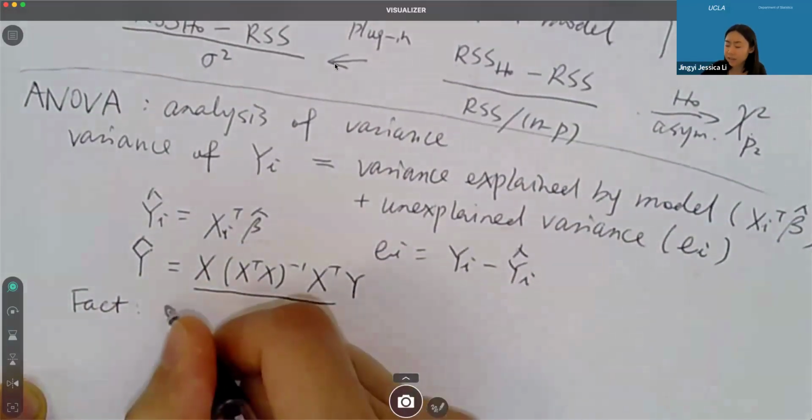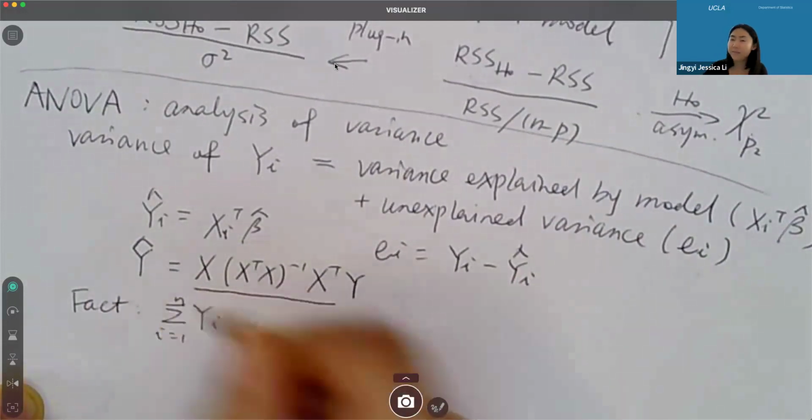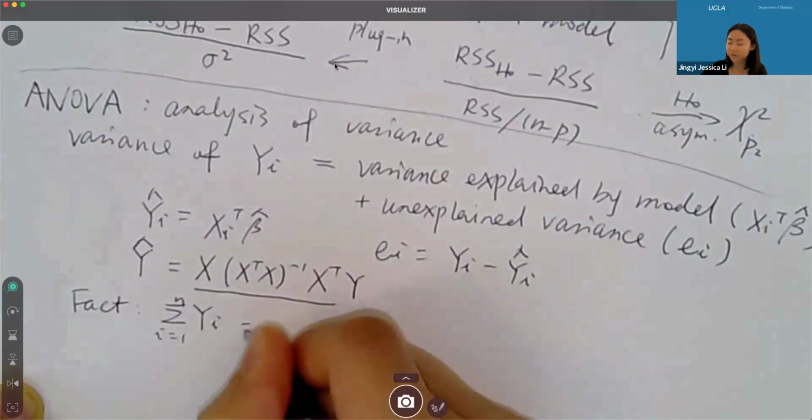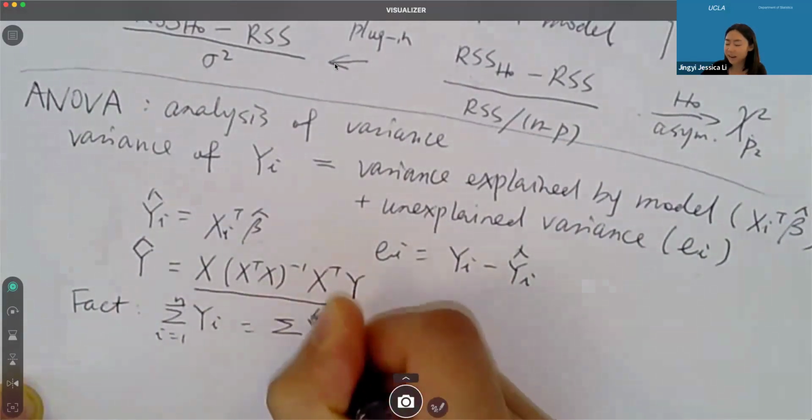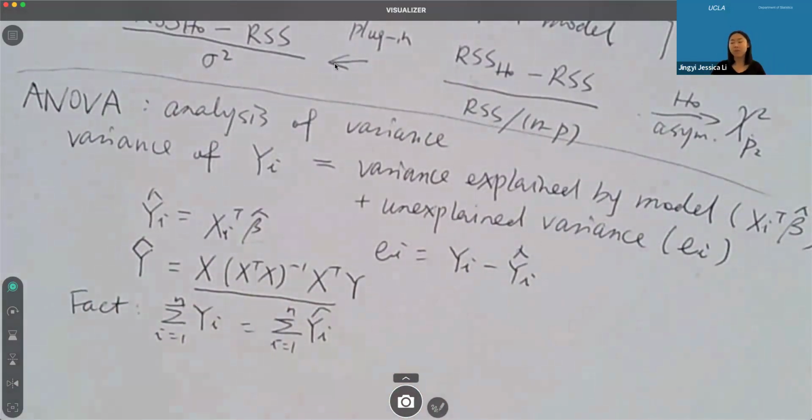That is, if we take the summation of yi's, i from 1 to n, this is equal to the summation of yi hats, i from 1 to n. So even though one is the observed outcome values, the other is the predicted or fitted outcome values, but they share the same sum and therefore the same mean, same average.